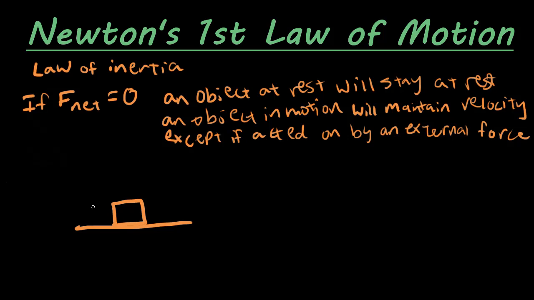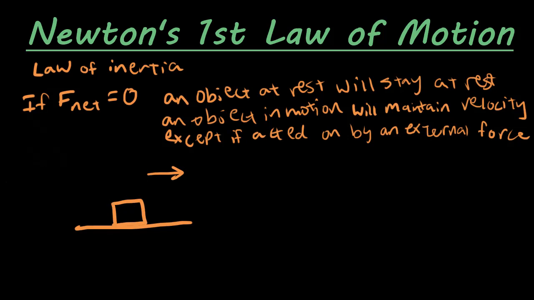Something else might be friction or someone pushing the box back. That's another external force that's going to stop its constant velocity. But if we had a frictionless surface, it would continue. Let's say we pushed it this way. After we've given it the force, it's going to maintain a constant velocity, and unless acted upon by something else, it will continue to go in that direction.